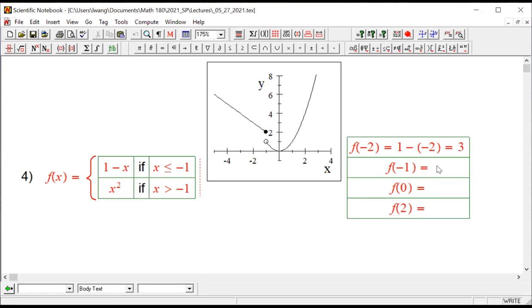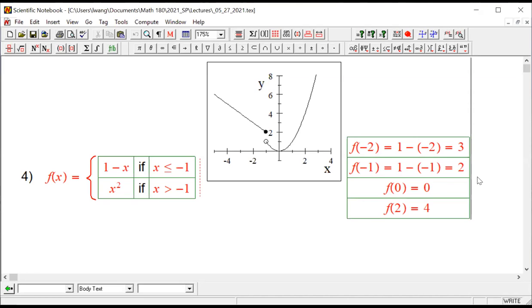That's right, 1 minus -1. f of 0? 0. That's right, 0 squared is 0. f of 2? 4. Very good. You see, just two different rules being pieces. These are 2 pieces.